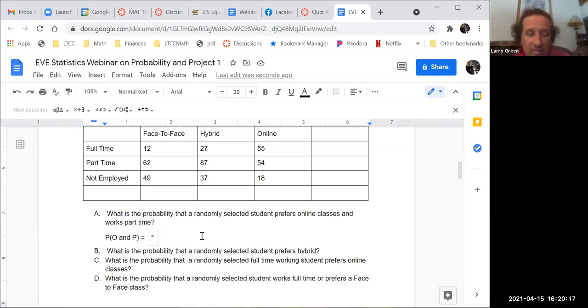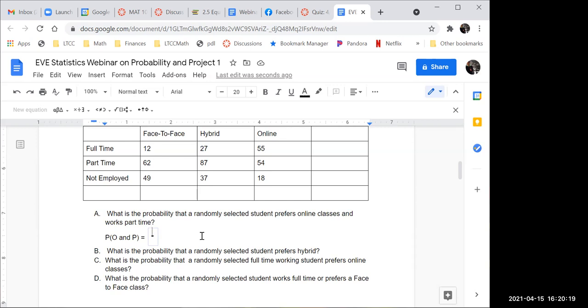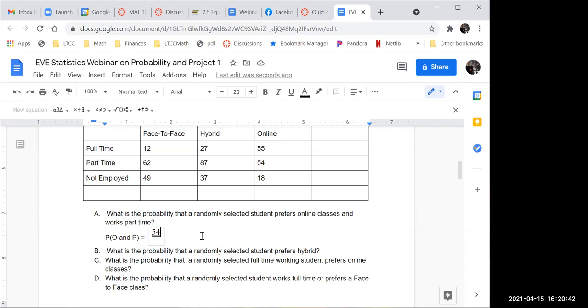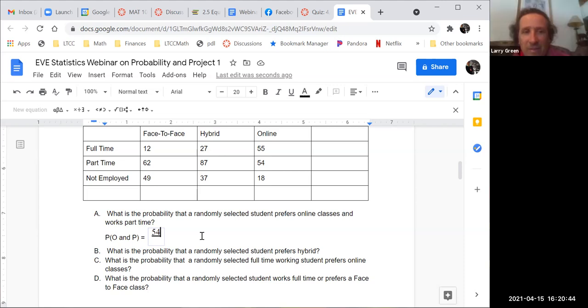Looking for a number. 54. Because there are 54 students who said that they are working part-time and preferring the online situation. How do we get the denominator? That's going to be harder. So how do we do it? Add all of them together. Yeah, we add all of them together.